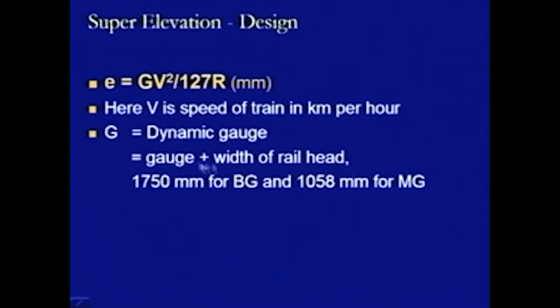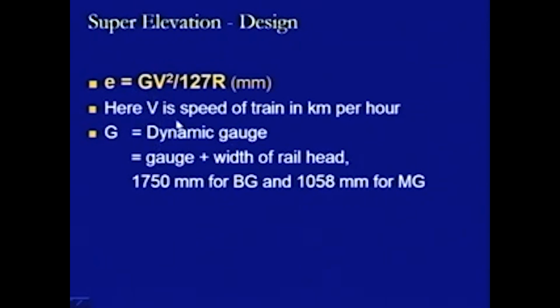So, if we take the gauge and just add to that the width of the rail head, the gauge in the case of the broad gauge is 1676, and if we add the width of the rail head, we get 1750. Similarly, in the case of meter gauge, where we have 1000 mm, if we add the width of the rail head, we get 1058 mm, and this is the value to be used here as G.